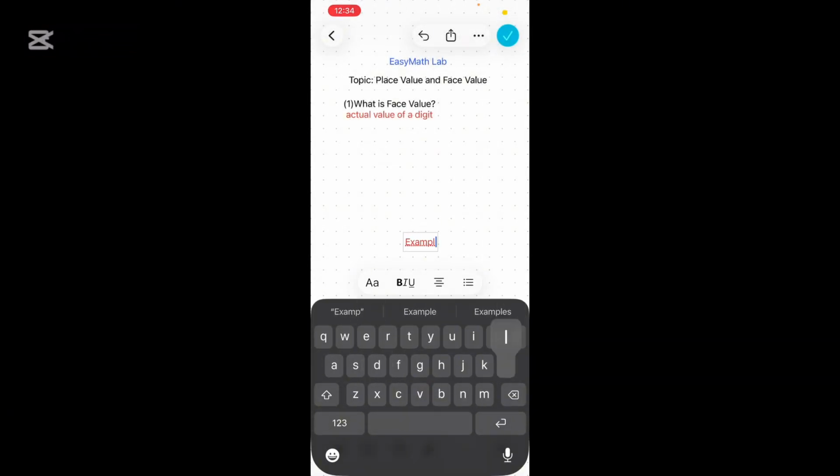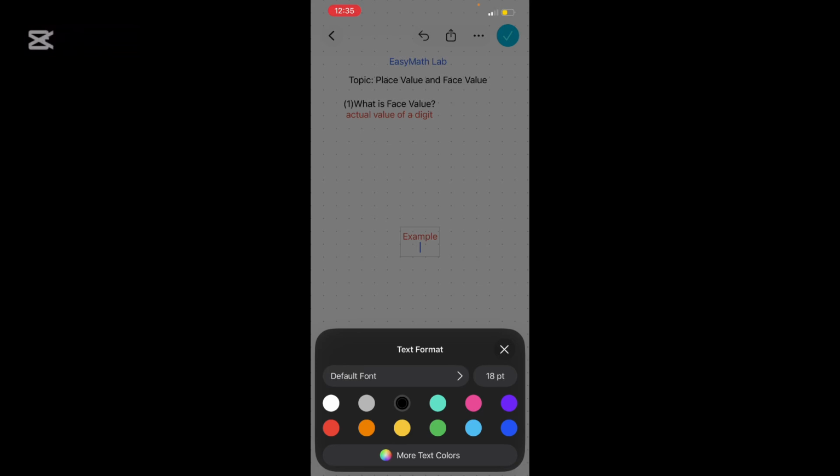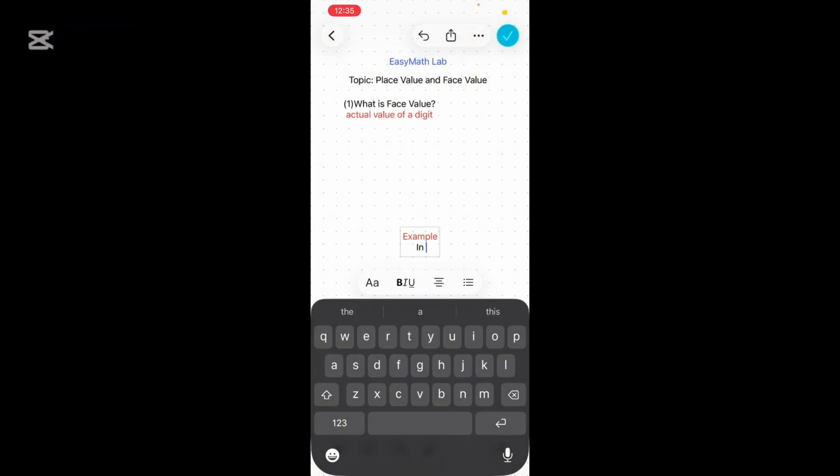Example, face value. So in 625, the face value of 6 is equal to 6.